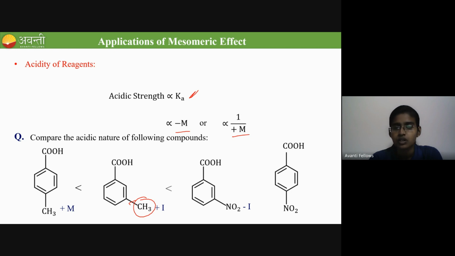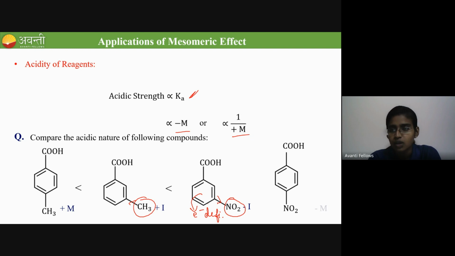Electron density is very less because the nitro group will withdraw electrons from the ring, which makes the ring more electron deficient. The more electron deficient compounds are called acids, right? That's why it is more acidic compared to the second compound.